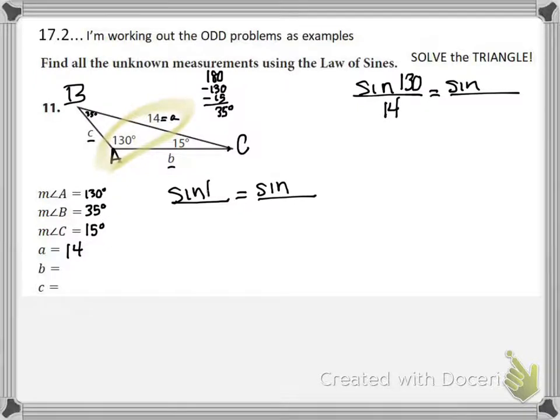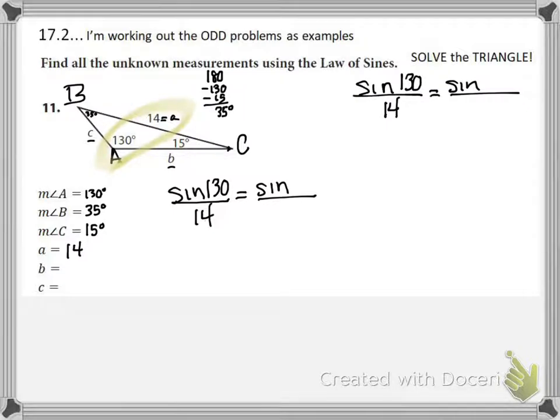Over here, capital A, 130, lowercase a, 14. Both equations are going to start with that fraction, because that's the only situation where I know actual numbers on the angle and the side that's opposite from that angle.